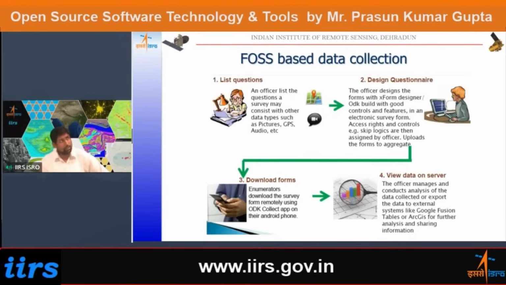Next, I want to tell you about a topic called FOSS-based data collection, free and open source software for data collection. Now, a lot of you, as I understand, do a lot of field work. You need to go to the field, you need to collect data. How do you collect the data?